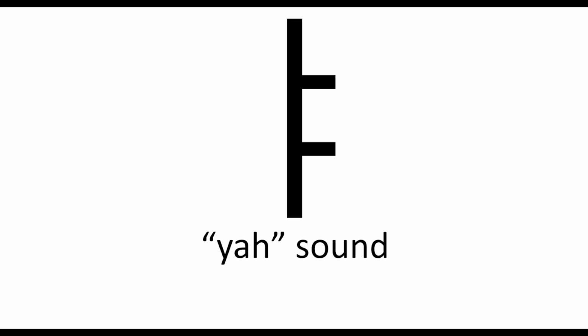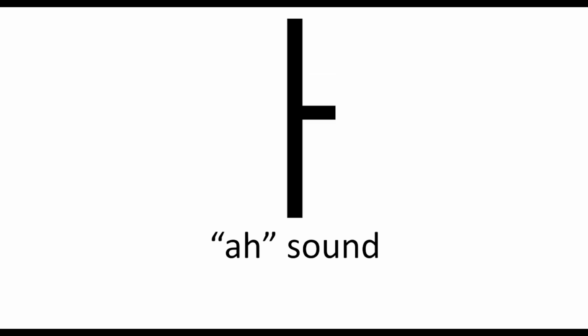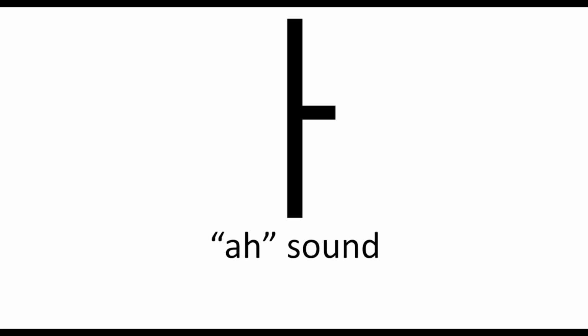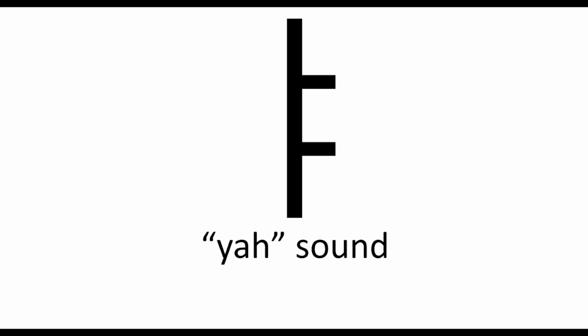We have ya. Now, you're going to see something very similar with a lot of these. We've got the one stick pointing out, and then we've got two here. Ah and ya. The other ones will all have very similar points. So, anytime you see double, it should have a Y sound in the beginning. So, ah is one, ya, the two is a Y sound.